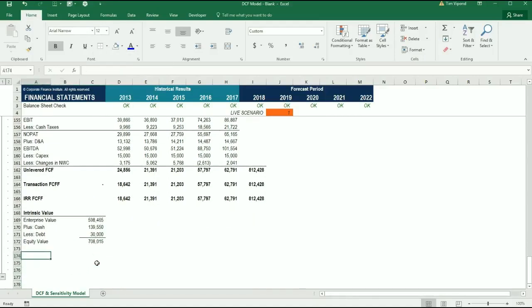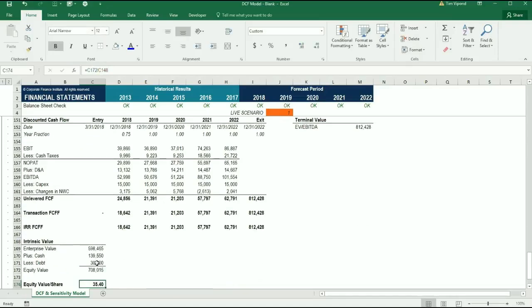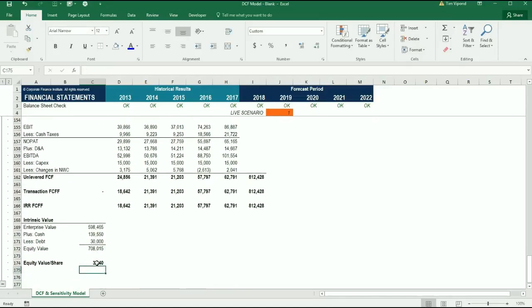We can go one step further, and down here we can put the equity value per share. And in order to calculate that, we take the equity value and we divide it by, up in the assumptions here, the number of shares outstanding. So we get $35.40 per share.